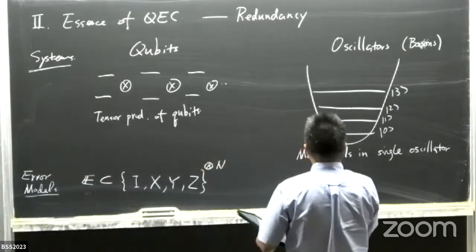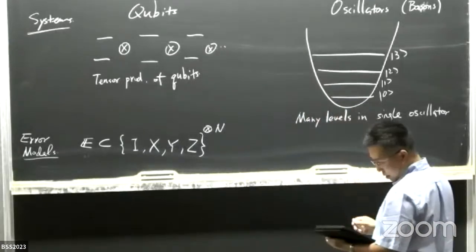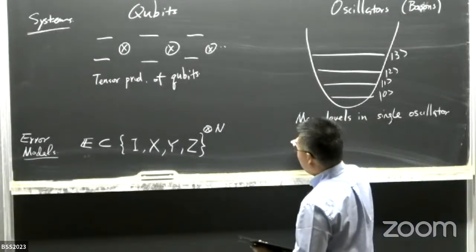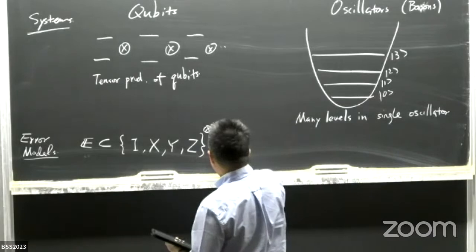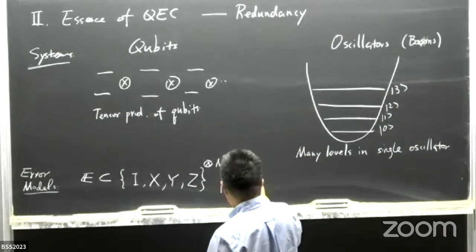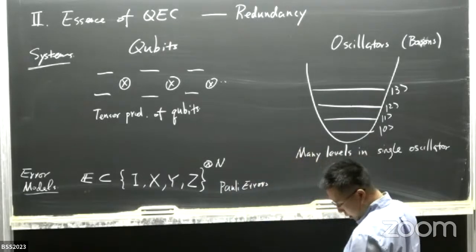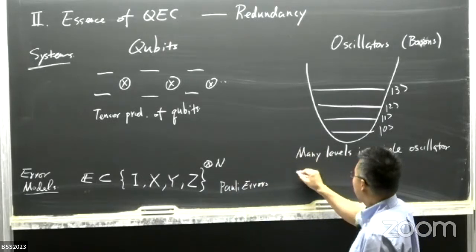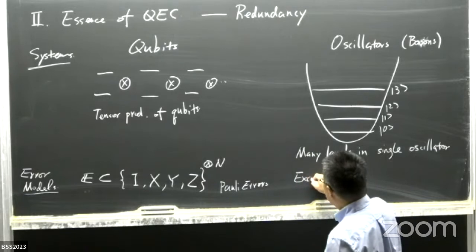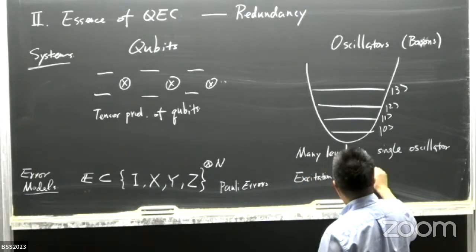Okay, now for harmonic oscillators, the errors are, so this is typically called the Pauli errors. While for a harmonic oscillator, the typical errors actually are the excitation loss and the dephasing.